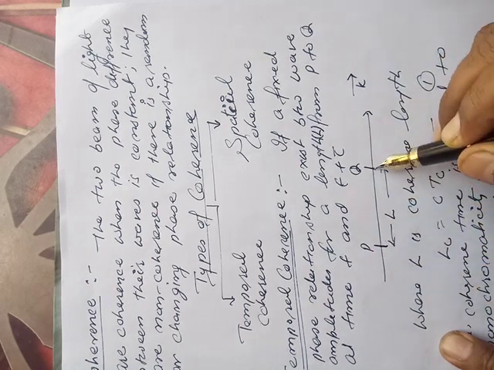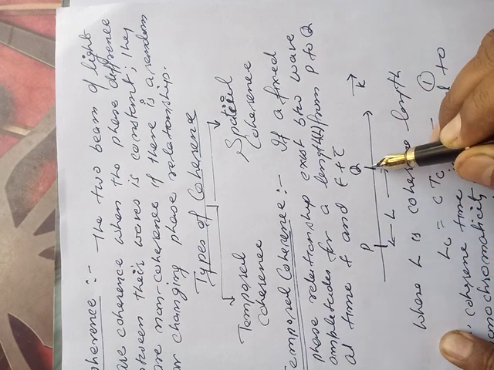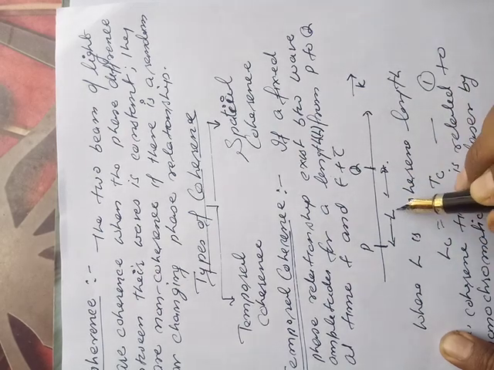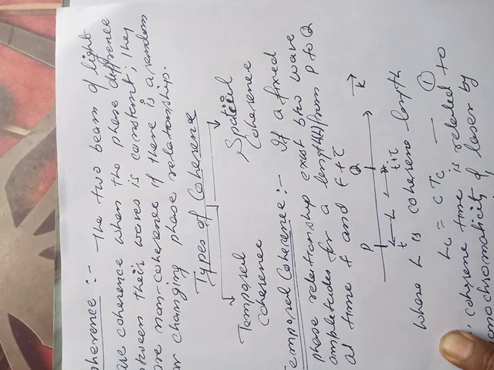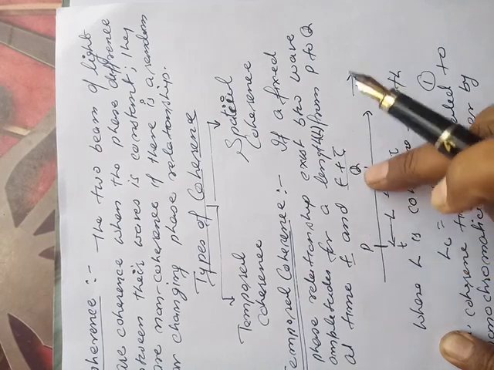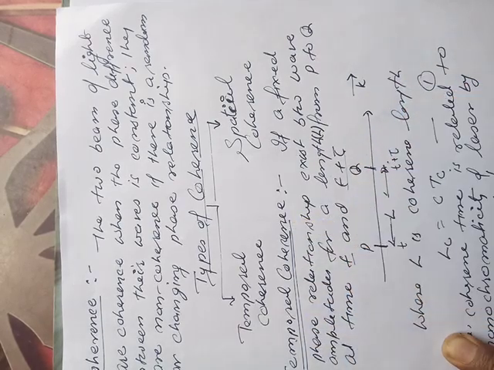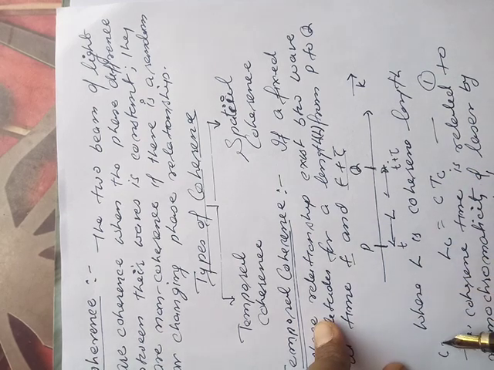We have 2 points P and Q separated by a distance L. अगर phase यहाँ पे भी same है और यहाँ पे भी same है, through this one length L, that one for a time, यहाँ पे time t था, यहाँ पे t plus tau है. तो t और t plus tau के लिए L लेंथ के लिए अगर फेज कांस्टेंट रहता है तो उस कोहेरेंस का नाम क्या होगा? टेम्पोरल कोहेरेंस होगा.